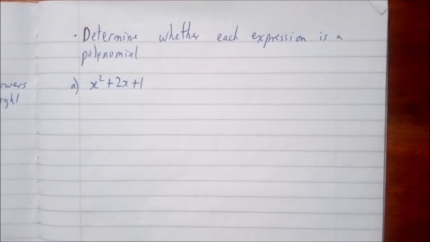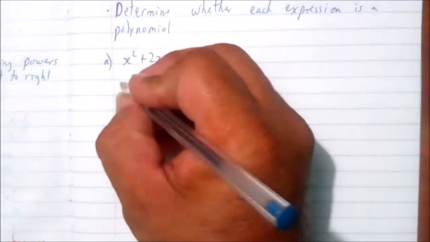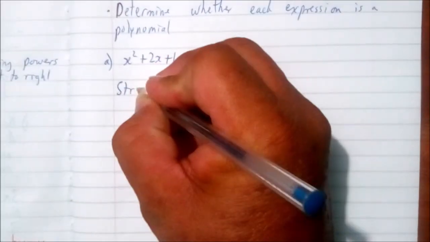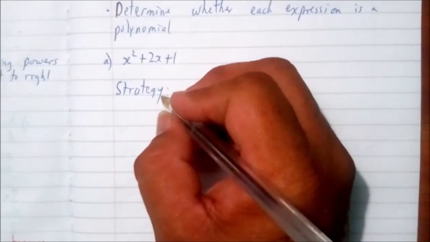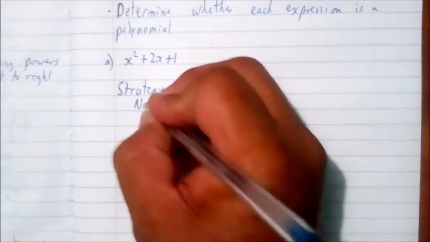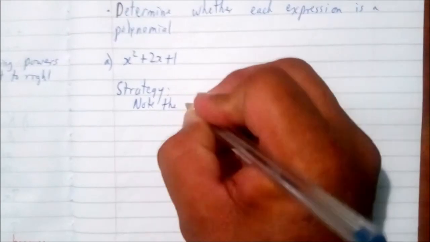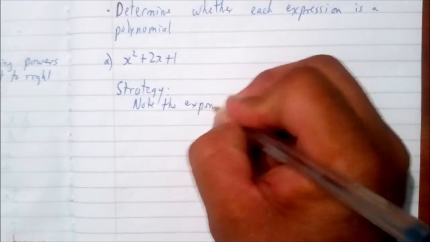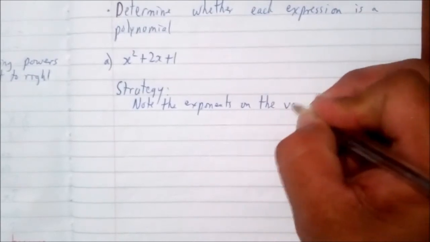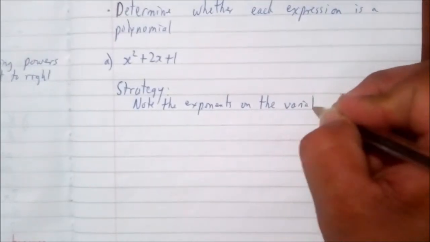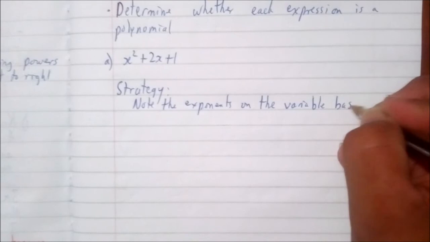So let me write the strategy. This will be the strategy that you are going to use to solve these questions. Your strategy will be: note the exponents on the variable bases.